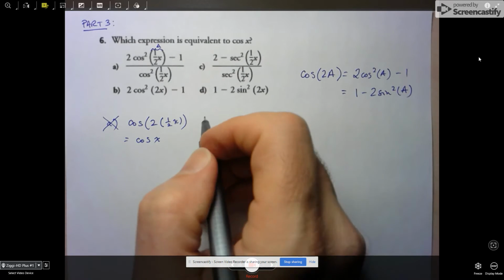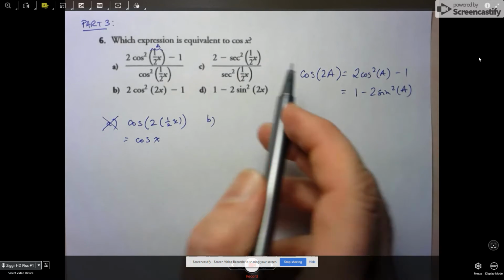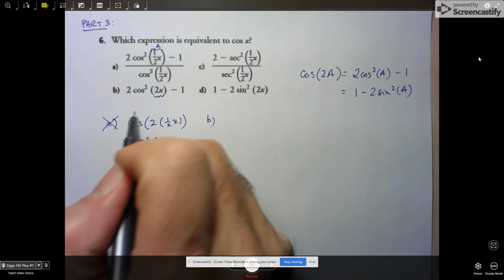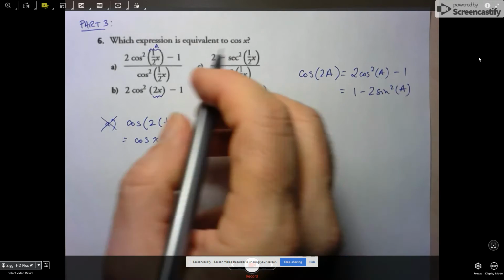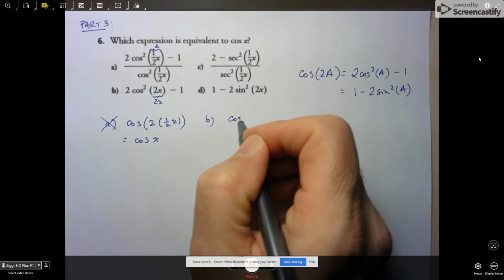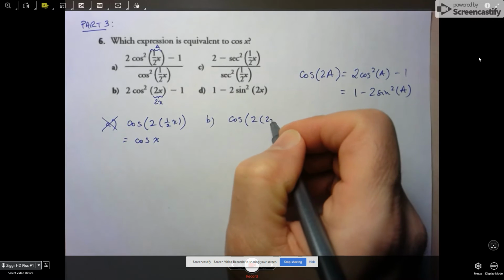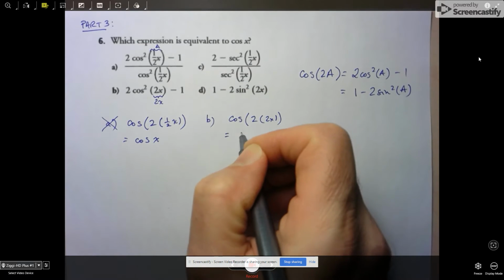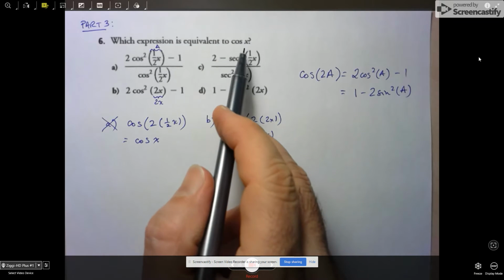Okay, so let's look at B here. Again, I have something that looks very similar, except in this case, if I look on this side of the equation, my A is going to be 2x. So this can be simplified as cos of 2 times whatever this value is, 2x. That's equal to cos of 4x, which is clearly not equal to cos of x.